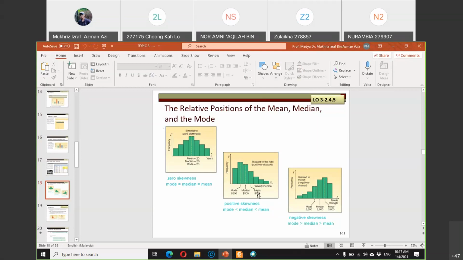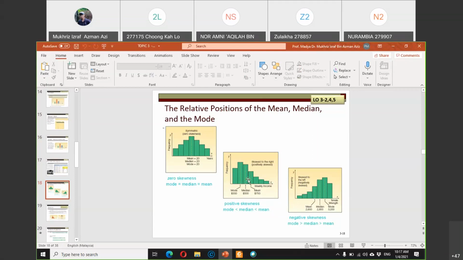For positive, the mean is on the right side of the tail. For negative, the mean is on the left. Positive is because your data is affected by extremely large values, and vice versa for negative skewness, where the data is affected by extremely small values.